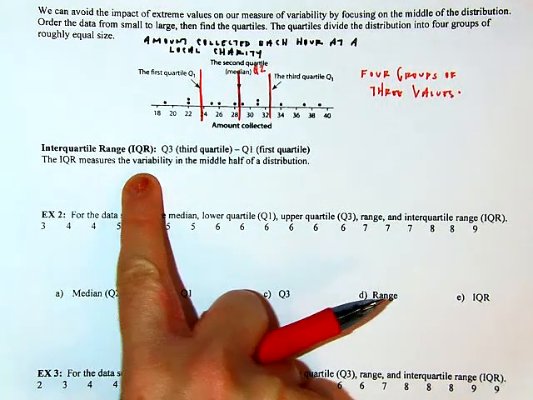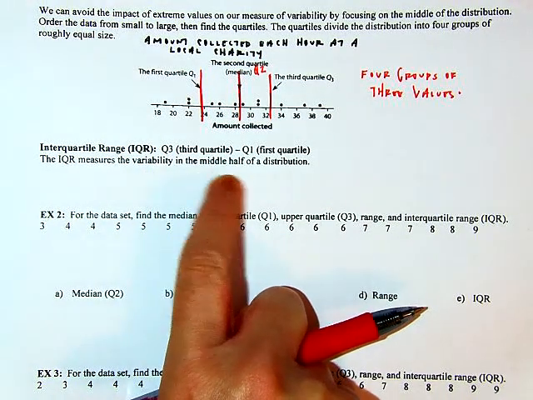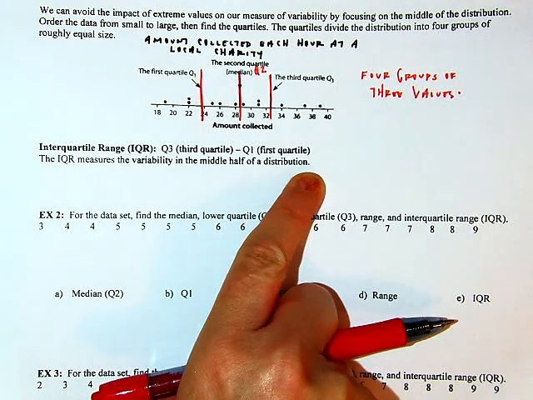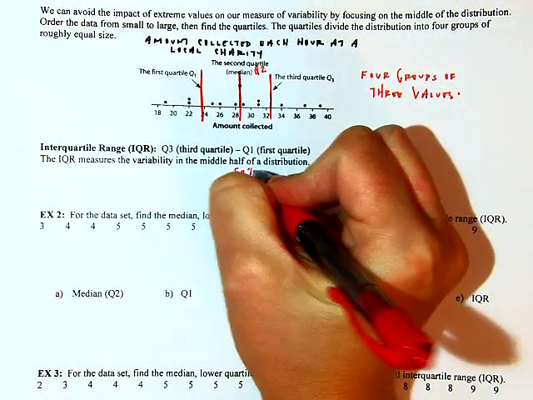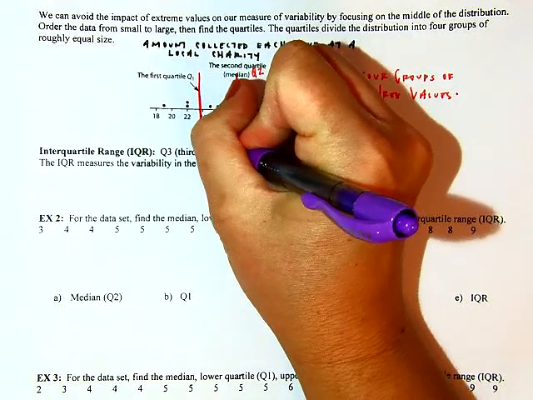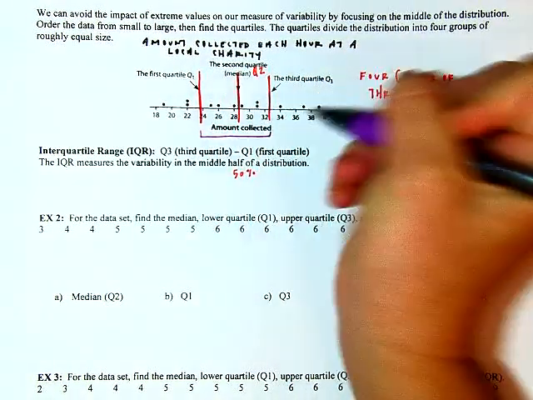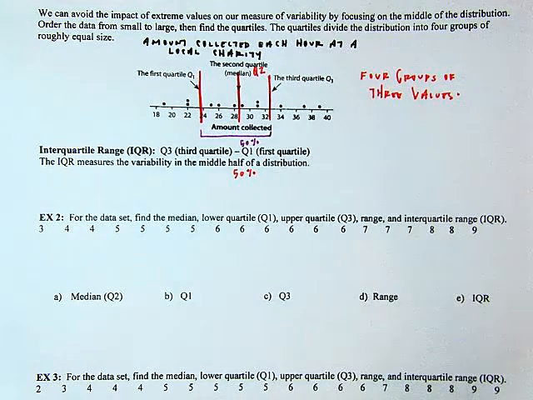So it measures the variability or the spread in the middle half, the middle 50% of our distribution. So it gives us an indication of how spread out our distribution is from this span right here. So the middle 50% of data.